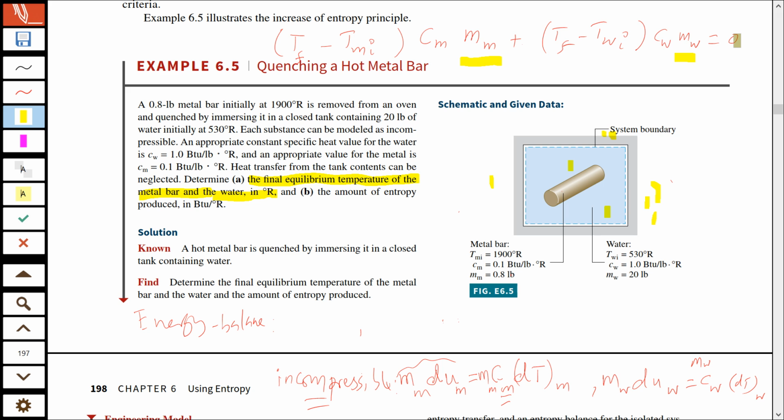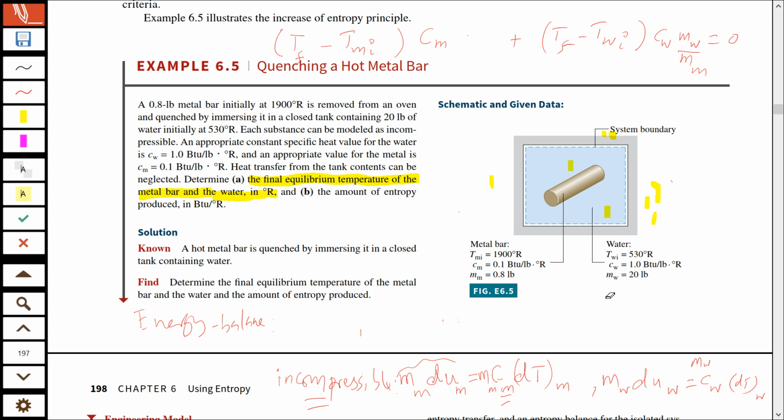What if I divide the whole equation, without putting any values, by the mass of metal? So I'll get rid of this. I got rid of one thing without even plugging the values.